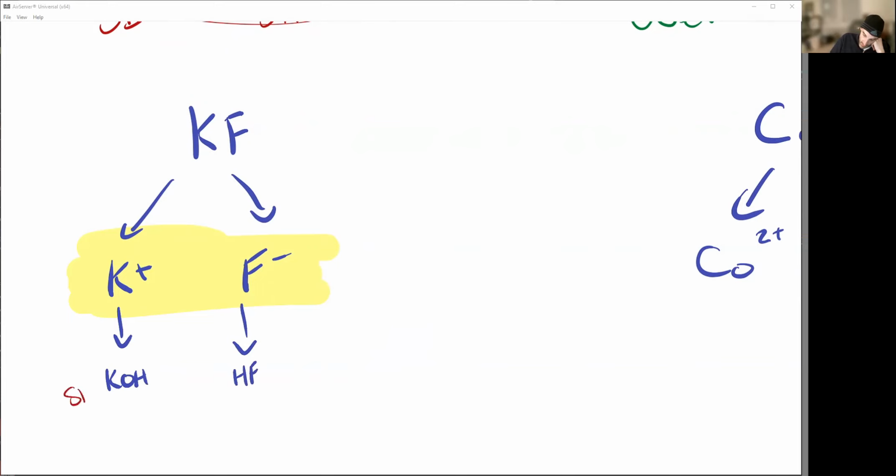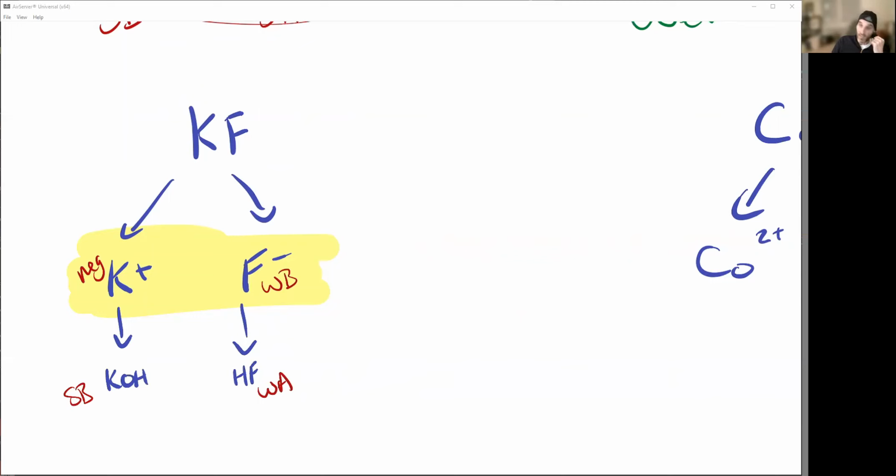KOH is a strong base, therefore this is negligible. It doesn't affect pH. Again, highlighted is what's in solution, right? HF is a weak acid. If HF is a weak acid, that means F minus is a weak base. Remember, weak becomes weak.